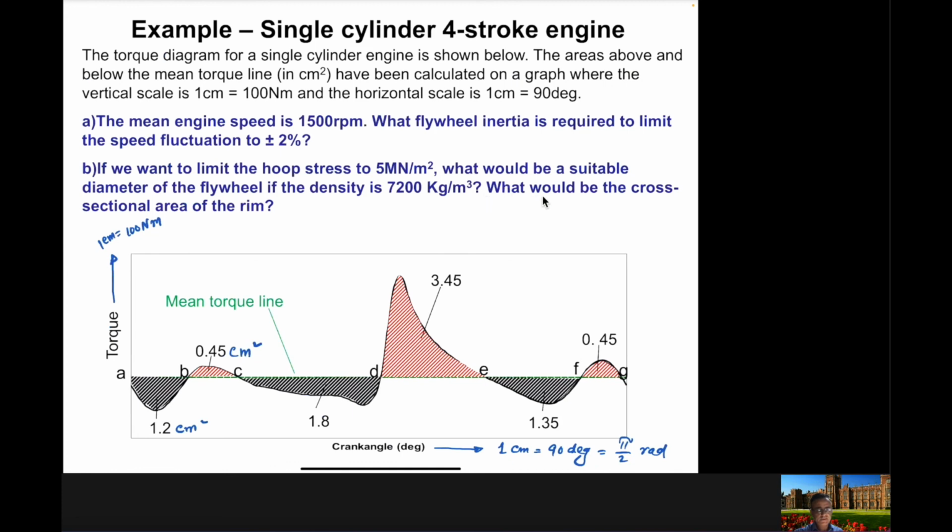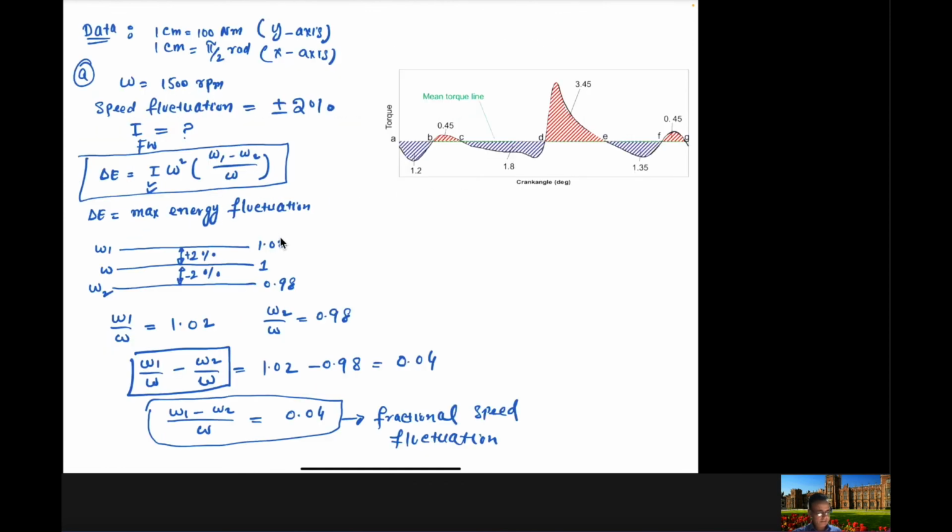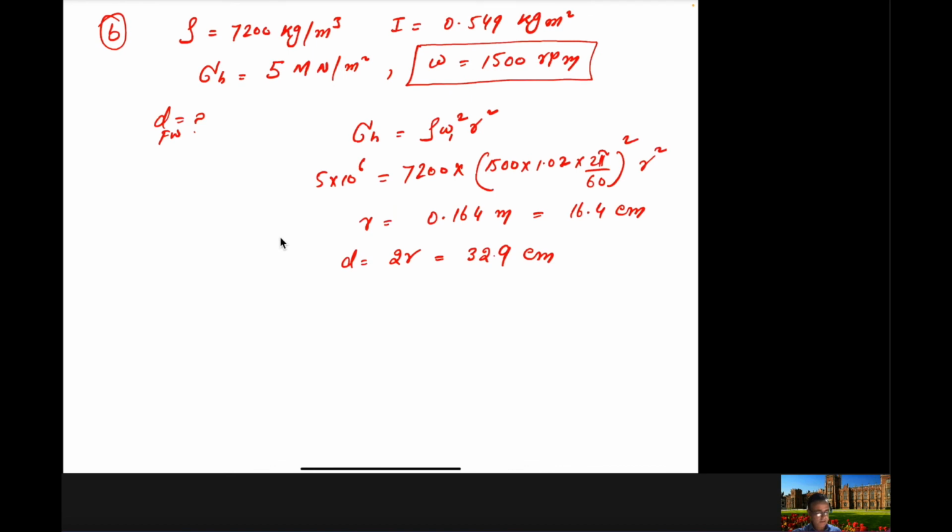And the second part you need to calculate is the cross section area of the rim of the flywheel. So if we go back to here, the second part is that we need to calculate the cross section area of the flywheel rim.